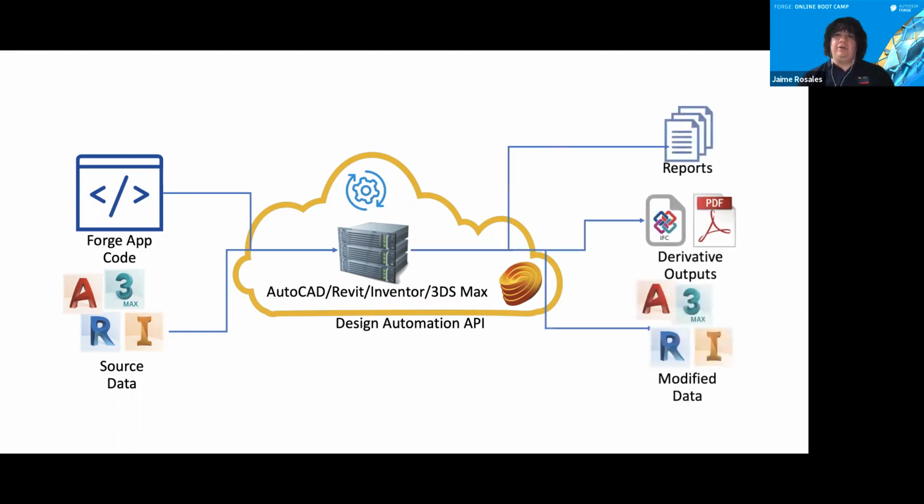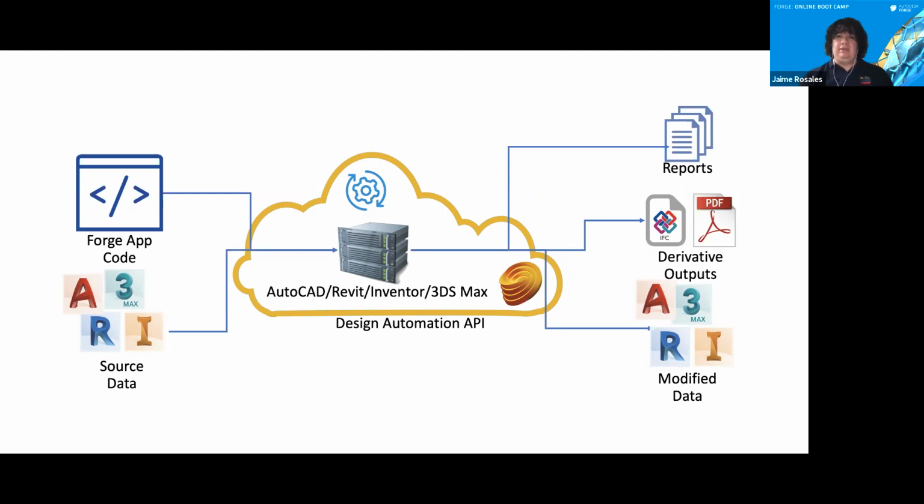And then as an output, we can get back a modified design file, some derivative outputs like IFCs or PDFs, like I was saying, the plot to PDF stuff, or let's just imagine a series of reports getting back to you.